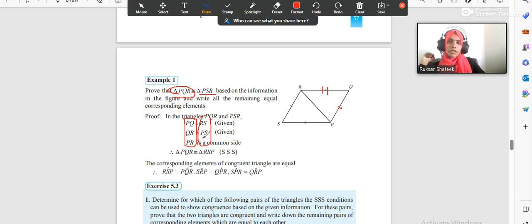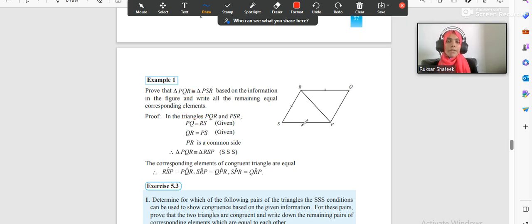If you write PS is equal to QR, it's not wrong, but it's best practice to write one triangle's sides on one side and the other one on the other. So that's a good practice.